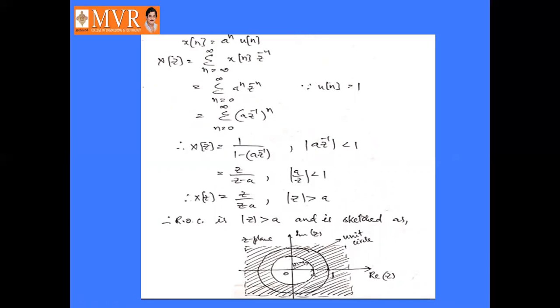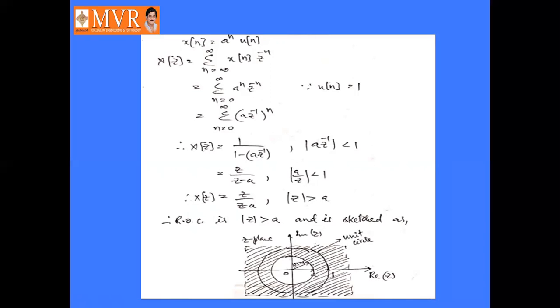The formula is X of z equal sigma n is minus infinity to infinity x of n into z power minus n. But here u of n is there, and u of n varies from 0 to infinity only, where its value is 1. So it will become sigma n equal 0 to infinity a power n into 1 into z power minus n. So that is a power n z power minus n.